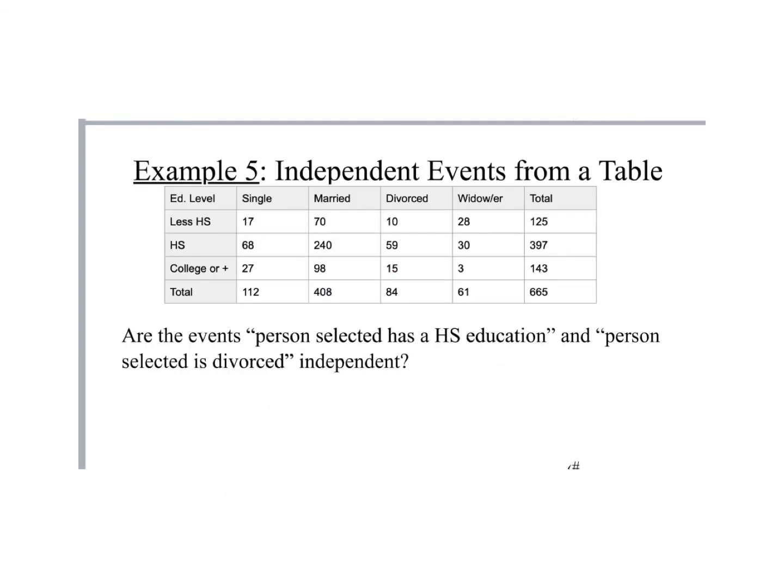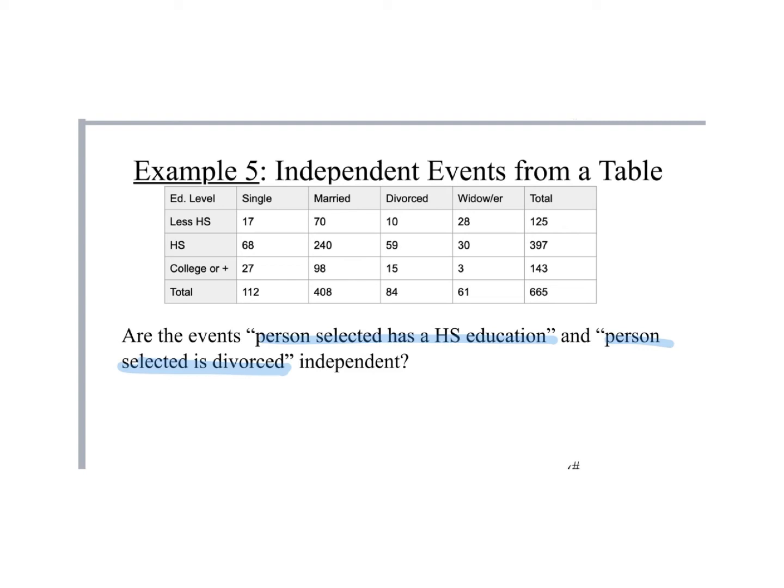Okay, so now let's do the same thing, but now we're going to look at a table. Are the events, person selected has a high school education, and person selected is divorced, independent? Unlike that previous one, this one's a little bit hard to tell. Is a person that has a high school education affecting or associated with someone who is divorced?